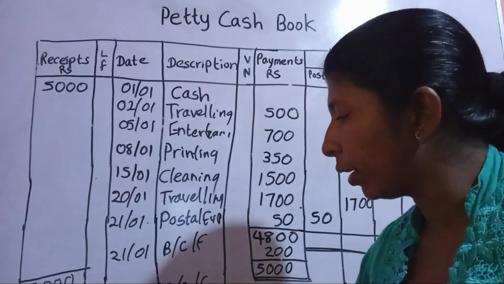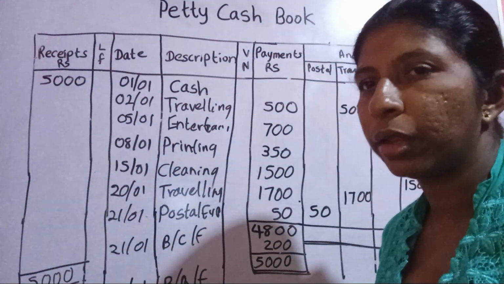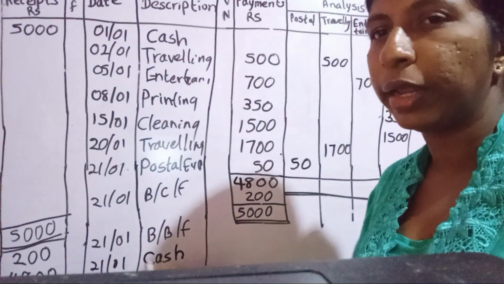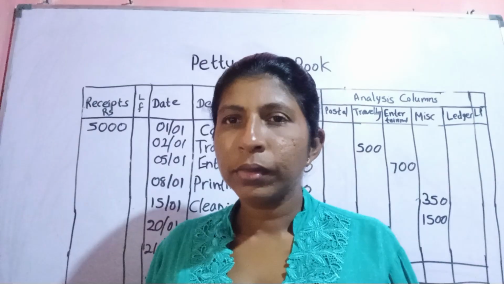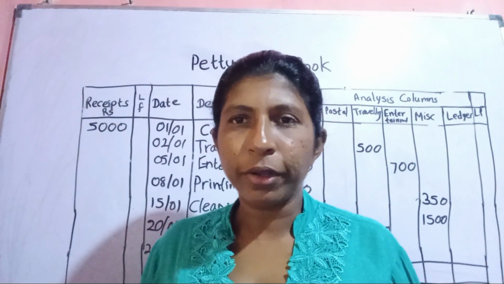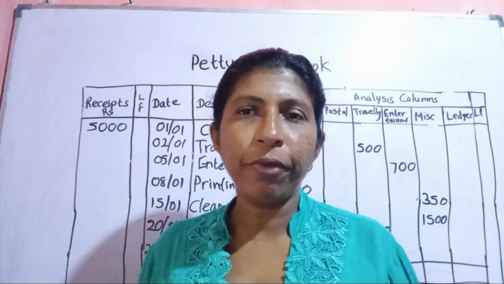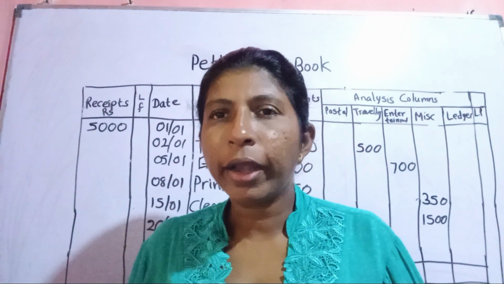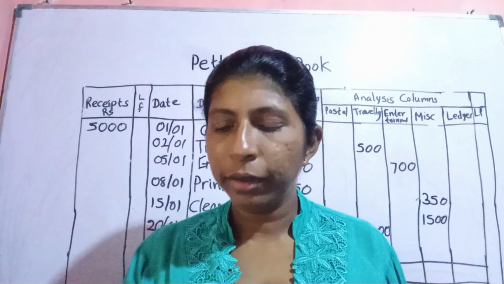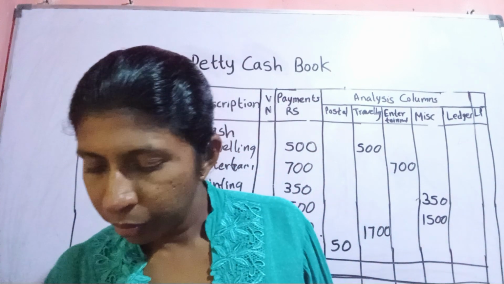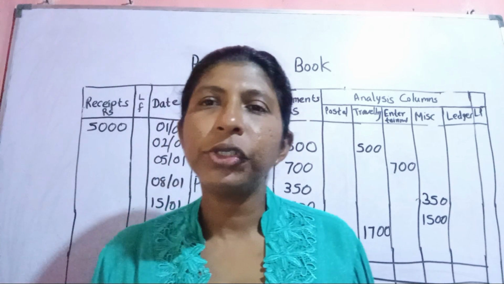Date is 21st January. You write here cash. Based on this example, now you can do activity 5 in your grade 10, lesson number 8, on page number 109.